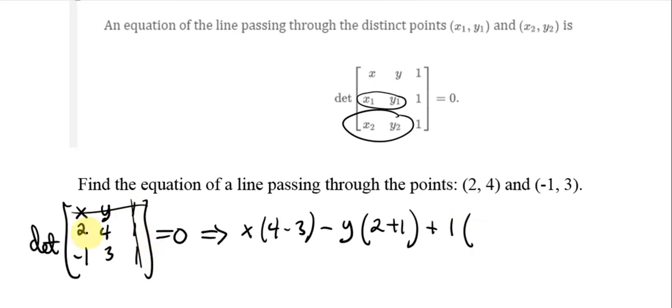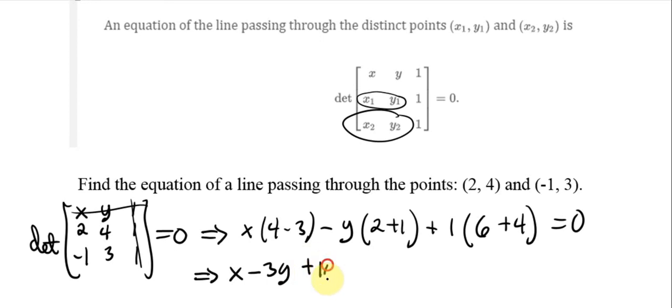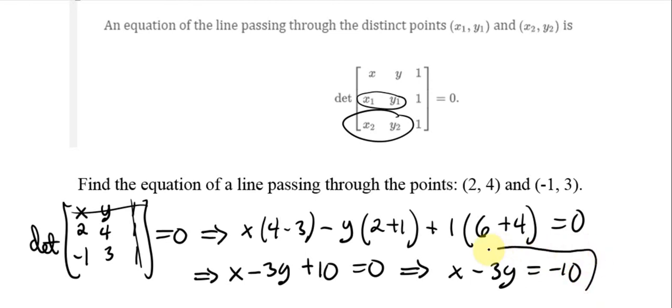So this is 2 times 3 is 6 minus a negative 4 plus 4, and that's equal to 0. So this just gives us x minus 3y plus 10 is equal to 0. And so the equation that you need is just x minus 3y is equal to negative 10. So you get the equation of the line. Well, there's nothing to it.